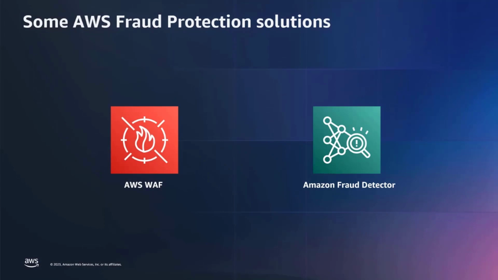AWS Fraud Detector is a fully managed fraud detection service that automates the detection of potentially fraudulent activities online. These activities include unauthorized transactions, creation of fake accounts, and things like that. Amazon Fraud Detector works by using machine learning to analyze your data.